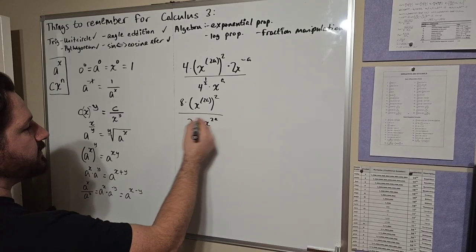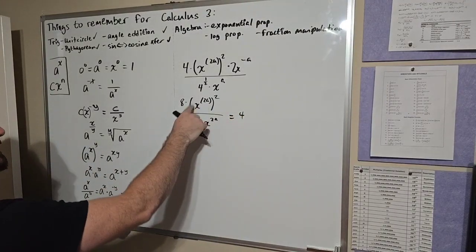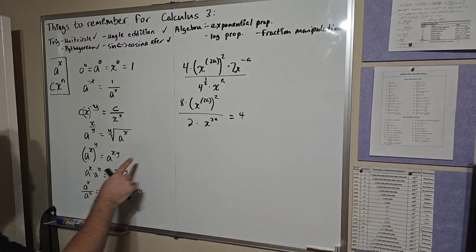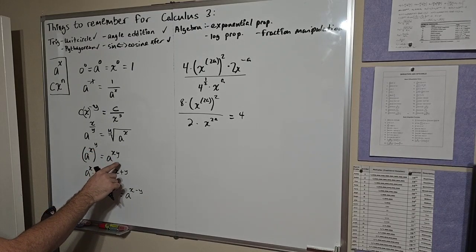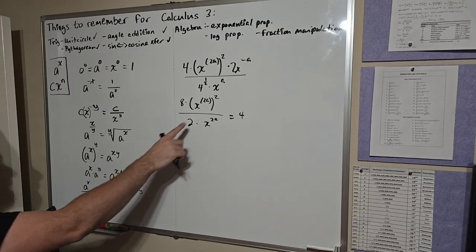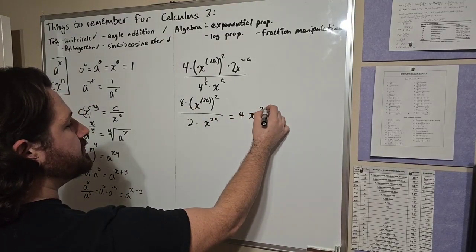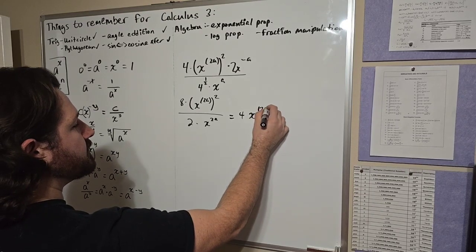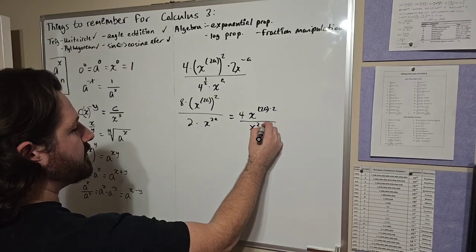Okay, so let's deal with these constants. So we get 4. And now let's see, what can we do with power and power? Well, if we remember, power to the power is going to be multiplied, right? So instead of x to the 2a, we're going to get x to the 2a times 2, right? And then we can divide that by x to the 2a.